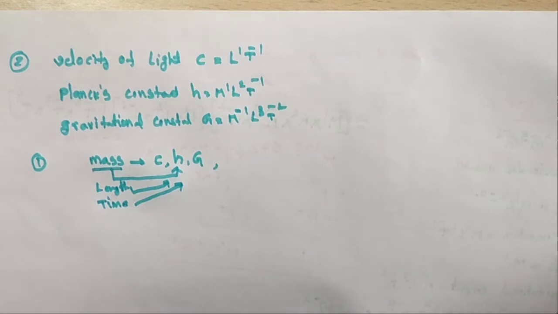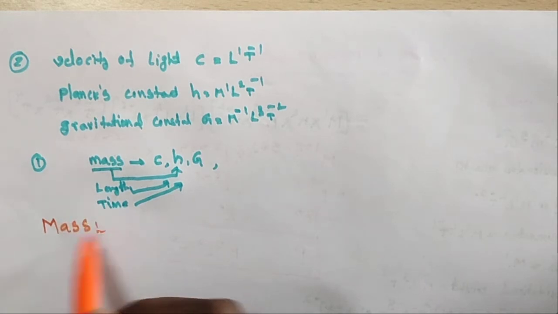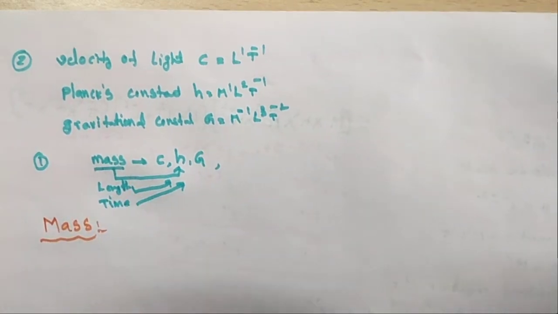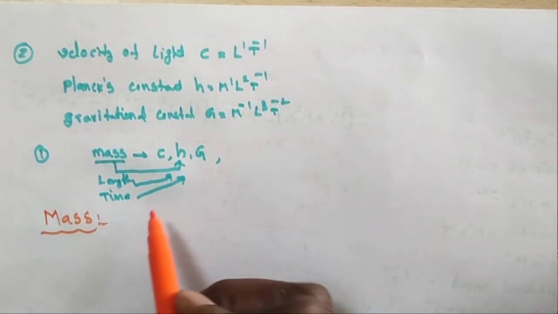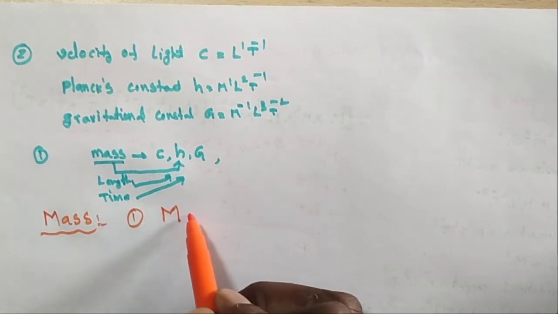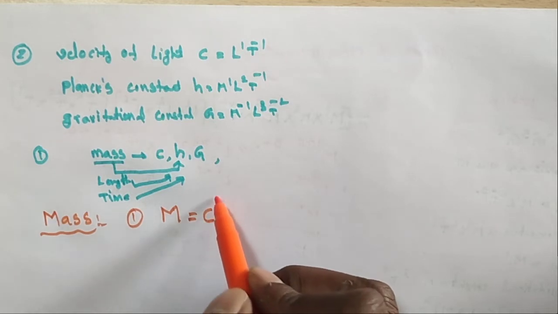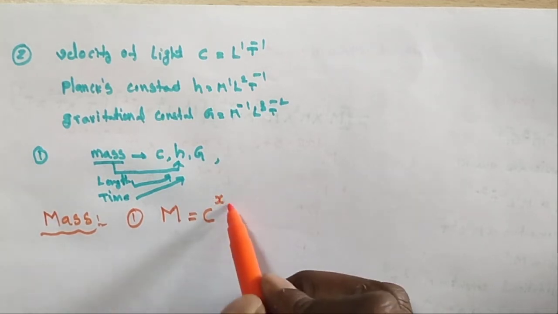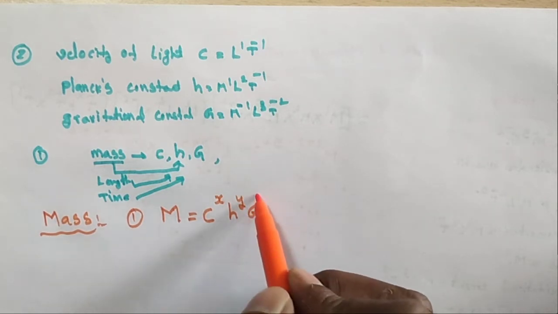So first, you calculate the first one, mass in terms of these fundamental quantities. I am assuming these are the fundamental quantities. The first one I am taking, capital M, the mass, is equal to some c, velocity of light power x, and h power y, and G power z.